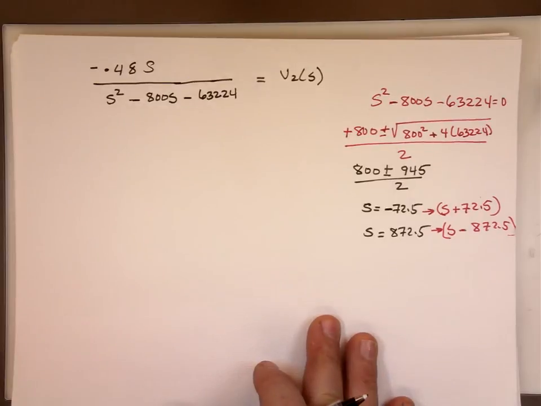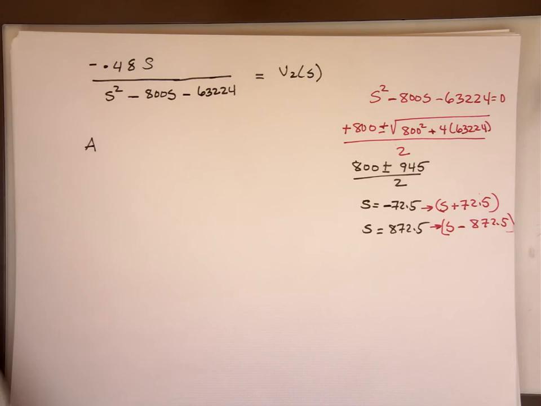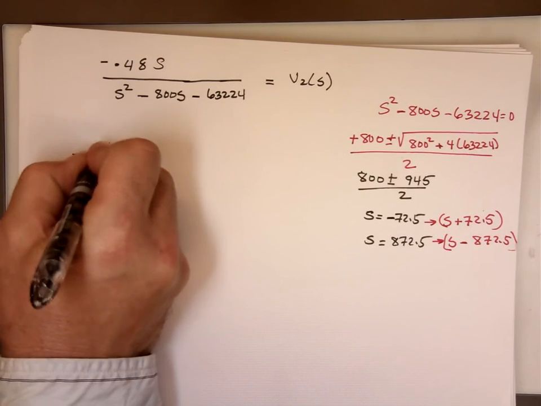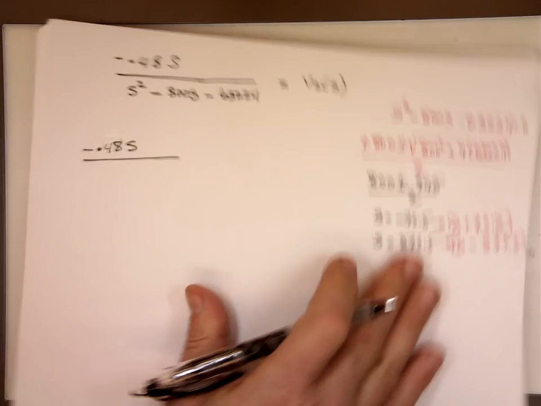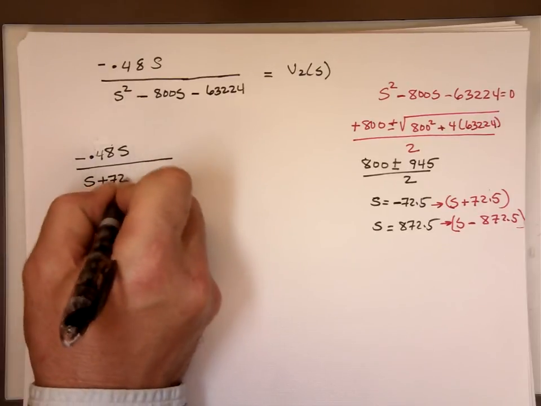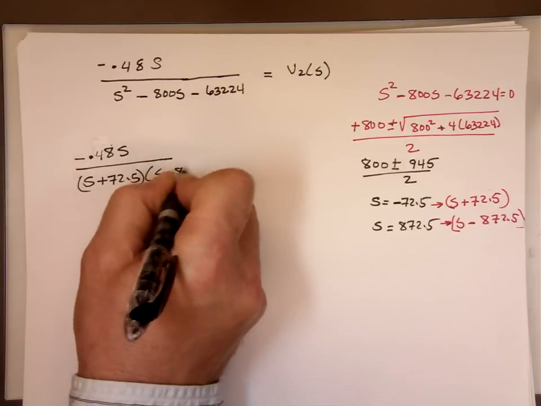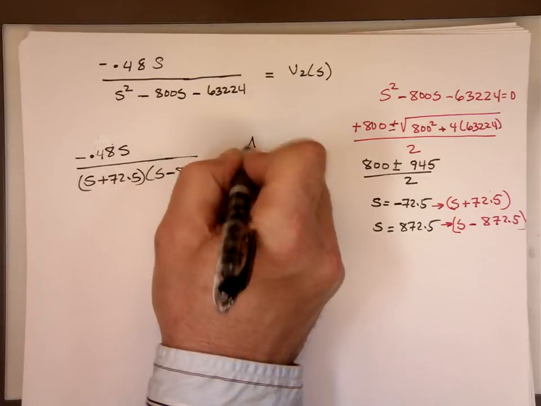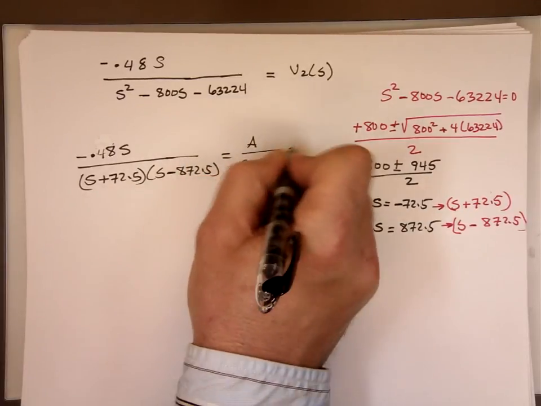Remember, what we have here, this problem now can be written as negative 0.48 s over s plus 72.5 times s minus 872.5, which you can write as A over s plus 72.5 plus B over s minus 872.5.